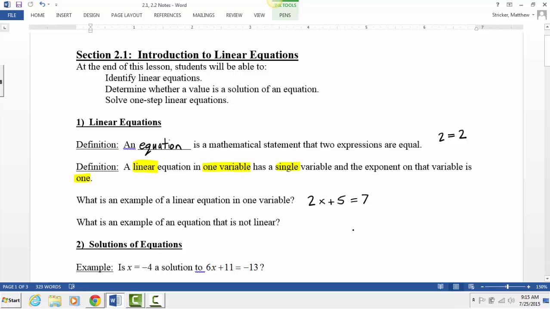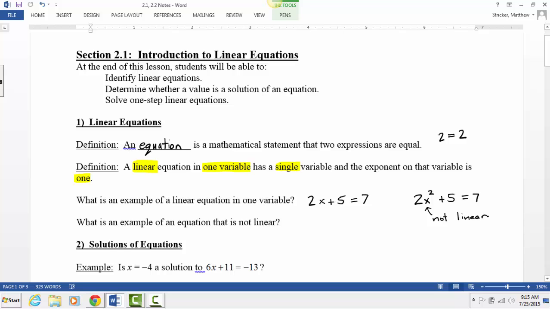This is a linear equation in one variable because, notice there's just one variable, x, and the exponent on that variable is 1. In other words, it's not something like 2x squared plus 5 equals 7. This is not linear.